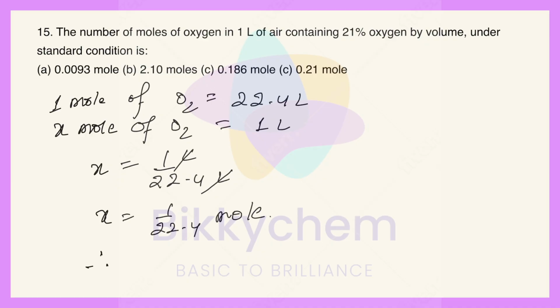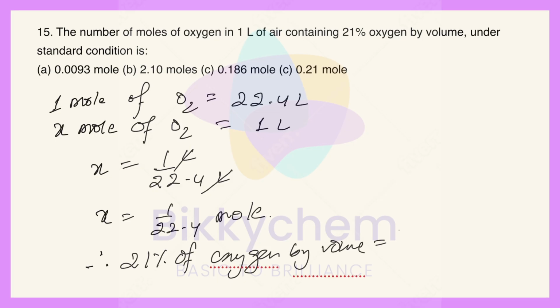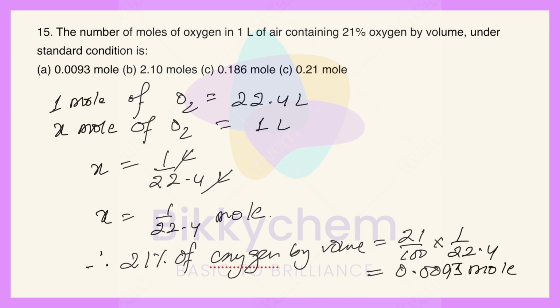So you know that the percentage of oxygen is 21% by volume. So it will be 21 by 100 into 1 by 22.4, which is equals to 0.0093 mole. So option will be A.